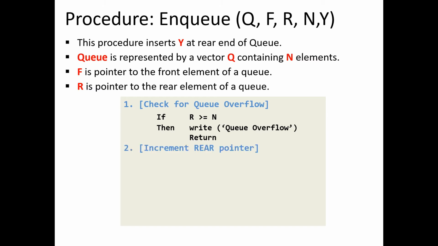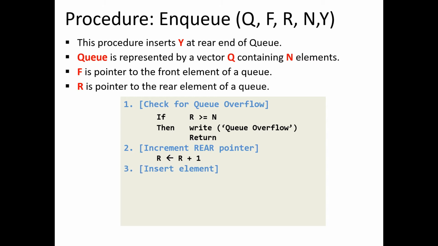Step number two, increment the rear pointer. Now suppose our queue is not overflowing, then we have to insert the element into the queue by incrementing the rear pointer. So r plus 1 is assigned to r, that means our rear is incremented by 1. Next step is to insert the element.